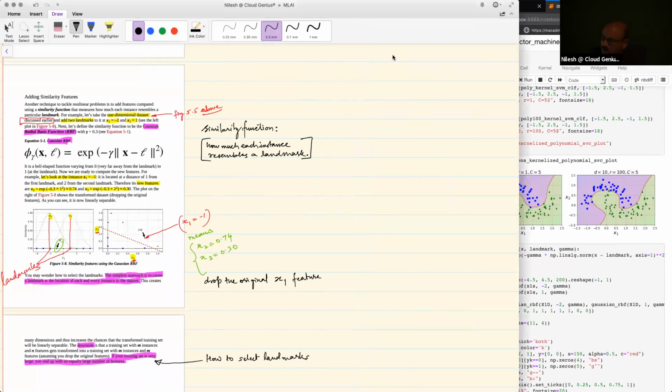Okay, so like in the earlier discussion of arbitrarily coming up with a new feature called x1 square, you saw that we had some data points here and we wanted to move them onto a different axis, not just a linear one. I should call it x1, one-dimensional data.